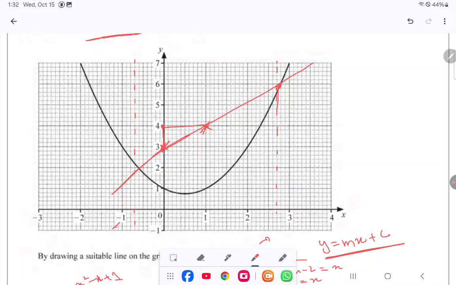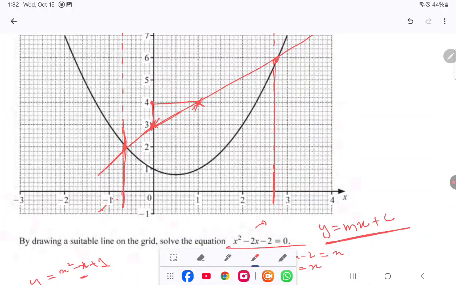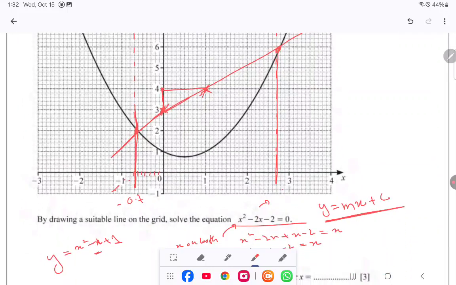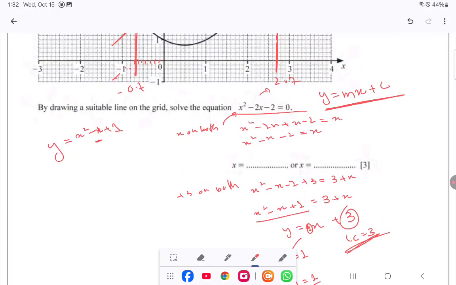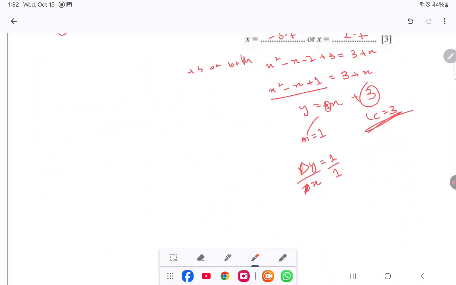It will touch a point here, which is 2.7, and a point here which is almost negative 0.7. These are the 2 points. First is negative 0.7 and 2.7.